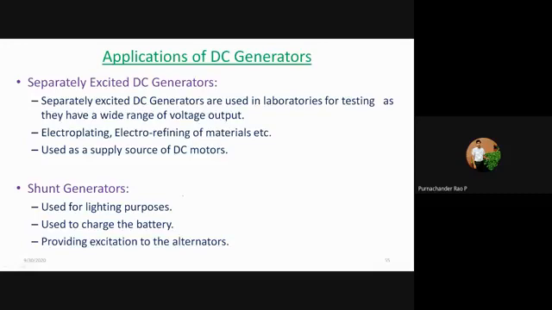These are also used as the supply source for the DC motors. And the shunt generators are used for lighting purposes, used to charge the batteries, and they provide excitation to the alternators. Alternators are nothing but AC generators.